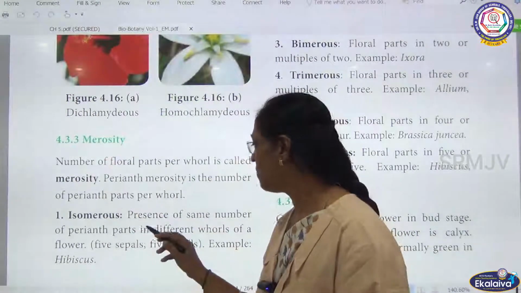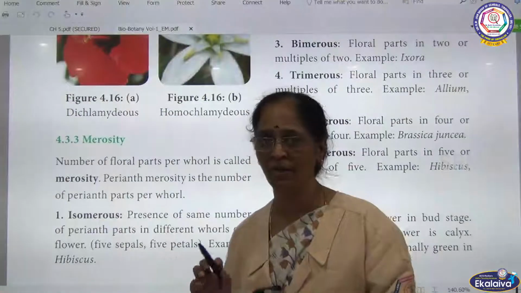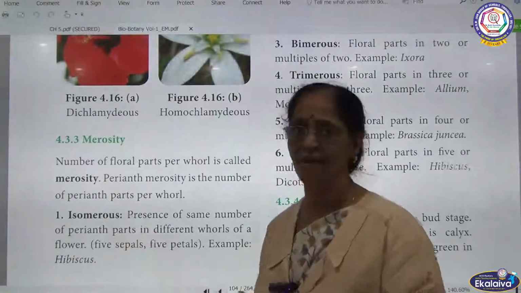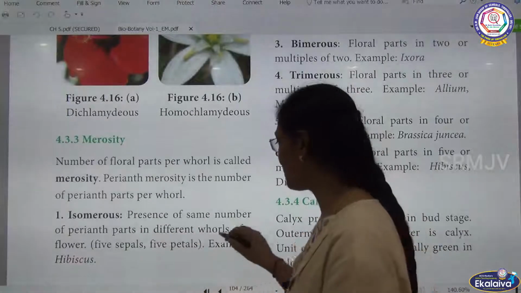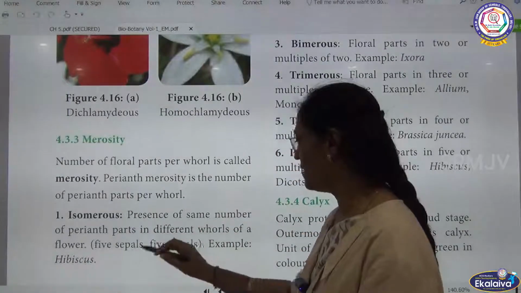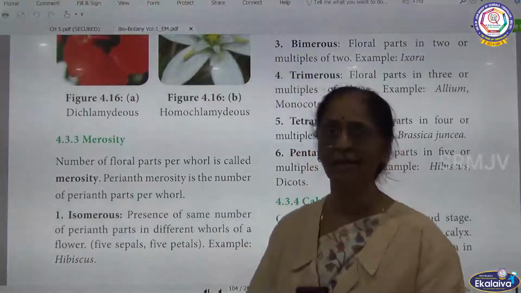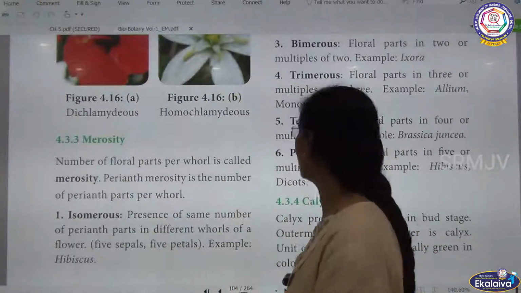So, if the flower has the same number in each whorl, you call it isomerous. That is, the presence of the same number of parts in the different whorls of a flower. If there are 5 sepals and 5 petals, then you call it isomerous.